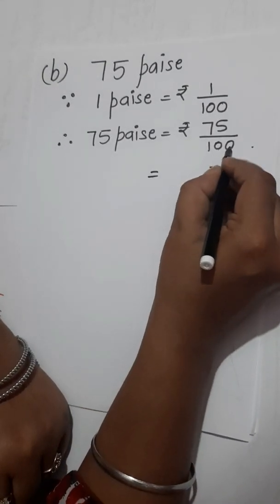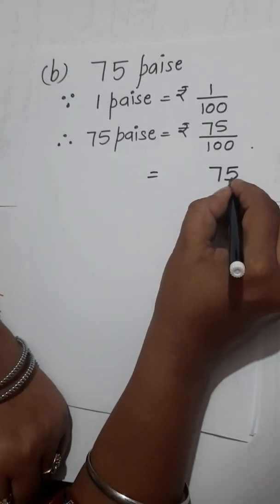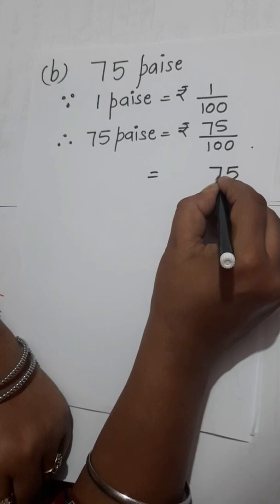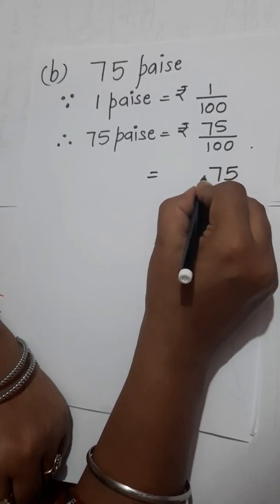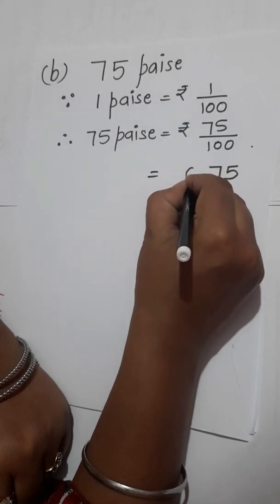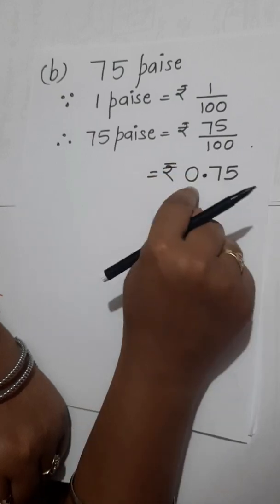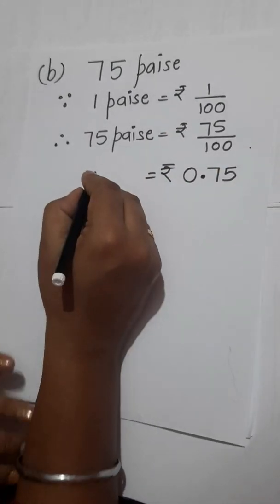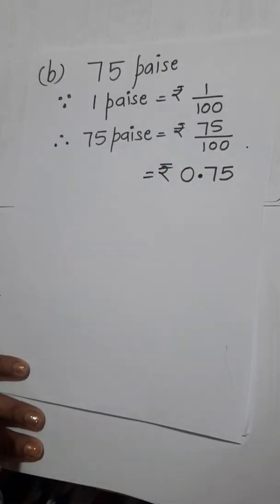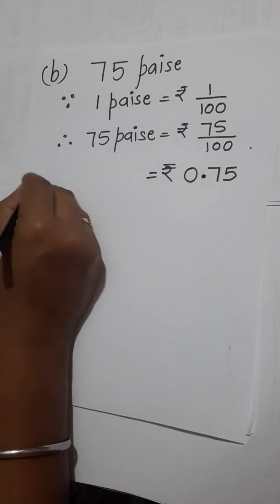As we have 2 zeros, means after 2 digits from the right put decimal. In this case we have 2 digits, so put decimal. Now before decimal write 0. So here we have 0.75. So simply we can say that 75 paise is equals to rupees 0.75.